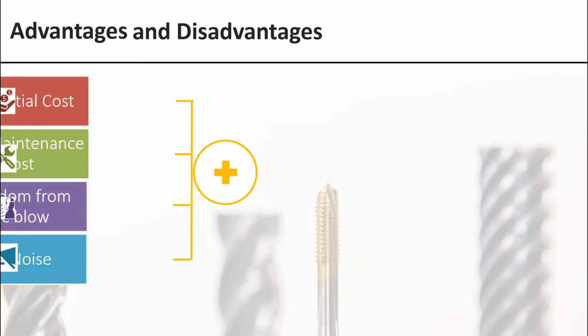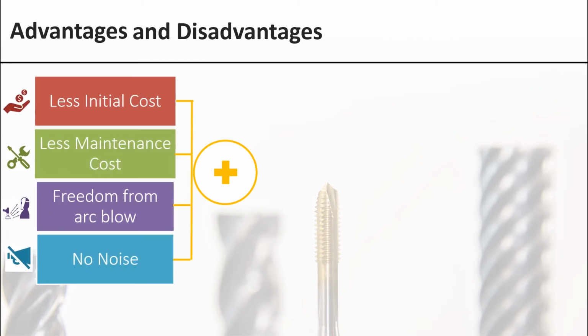Advantages of AC welding machine. First, the AC welding machine is cheaper, small in size, light in weight, and simple to operate. Thus, it has low operating cost. Second, maintenance of the AC welding machine is easier and more economical because there are no moving parts in it. Third, heat generated is equal at both the poles, so it does not require changing of polarity.